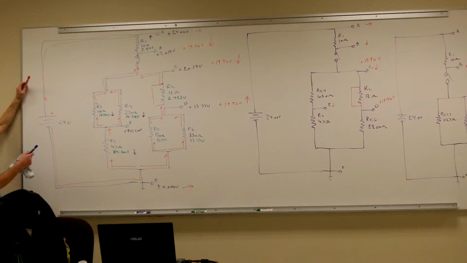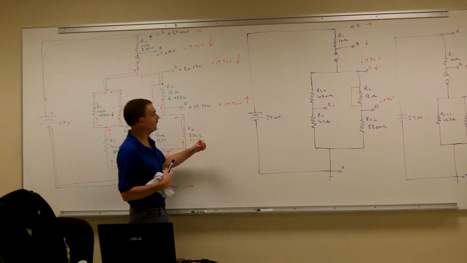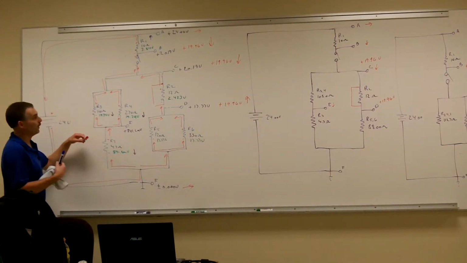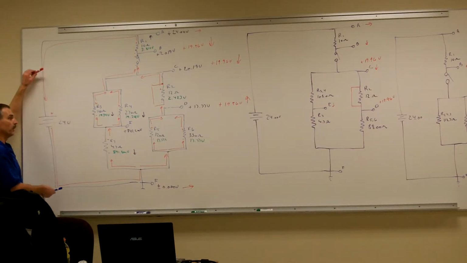Just like when Bokai, Melissa, and Brad were in lab, doing lab 9. They identified that when they took out their series resistor and went just with their parallel circuit, there wasn't enough current to power up that parallel circuit.